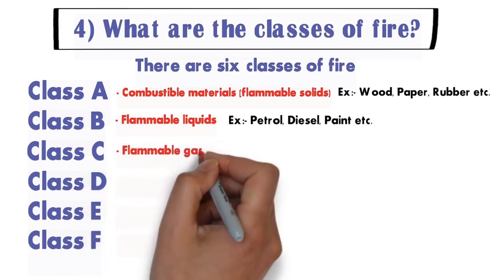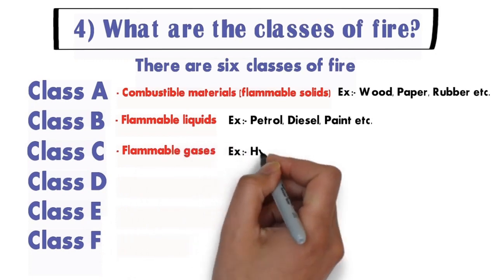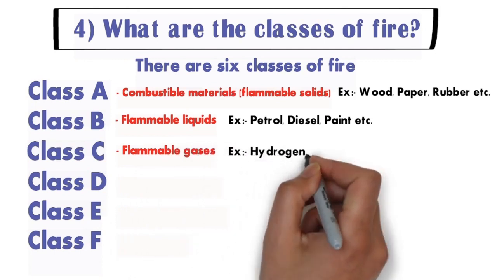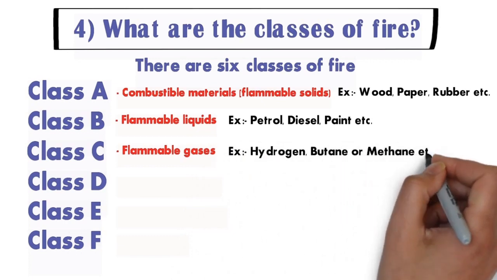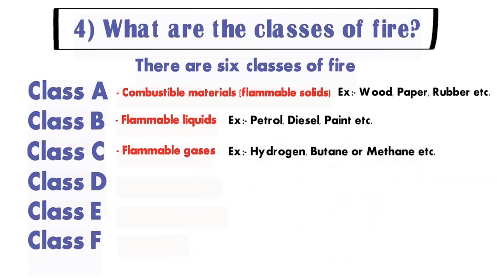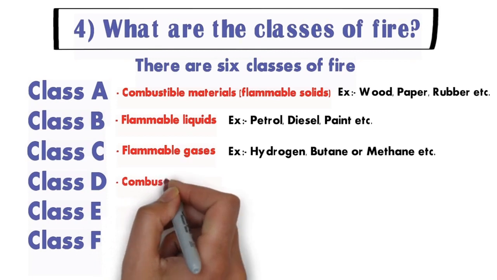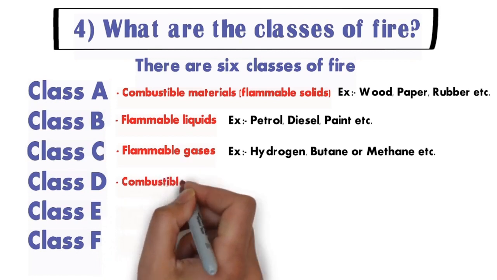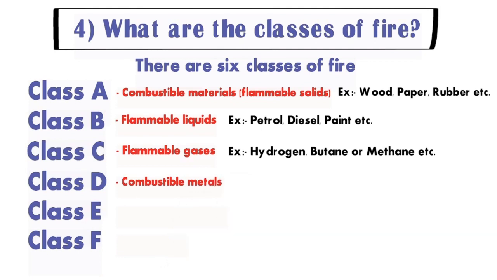Class C talks about gases, like I mentioned earlier. A good example of your gas is your hydrogen, your domestic cooking gas at home, butane, methane, and various forms of gases that you might have in your home and in your workplace. Class D now talks about combustible metals.